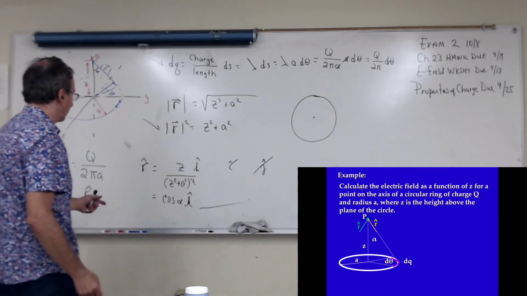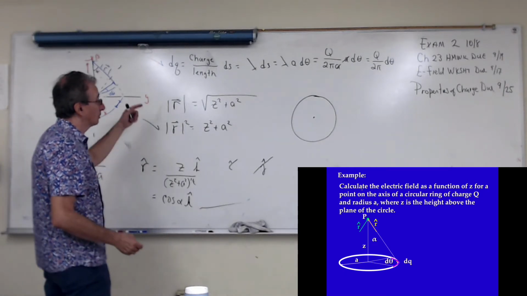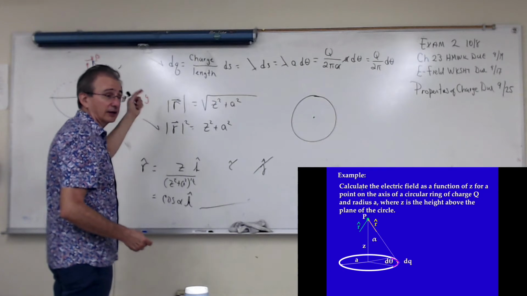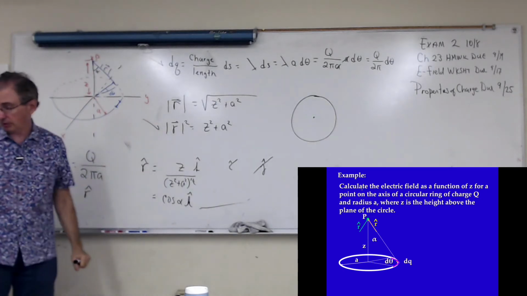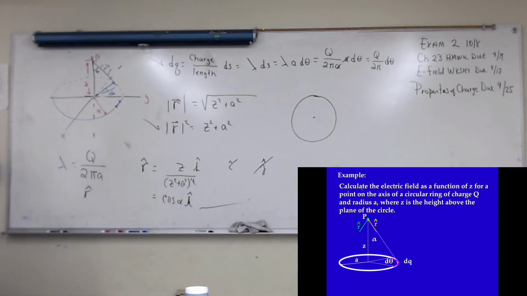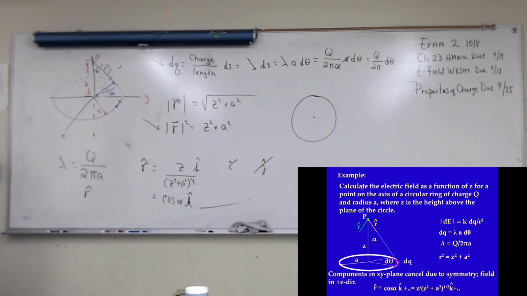So now I have everything I need to be able to calculate the electric field due to this ring at this point up here. So all I got to do is write my dE. I have my dQ. And now I got to put it all together. Okay.